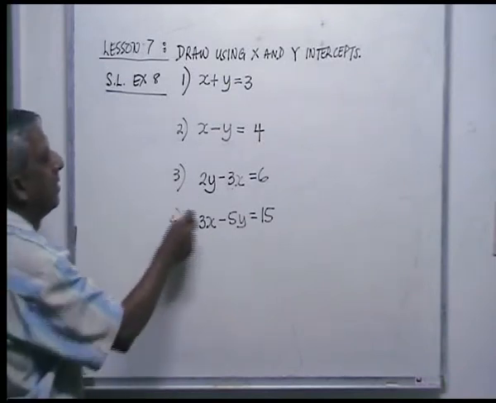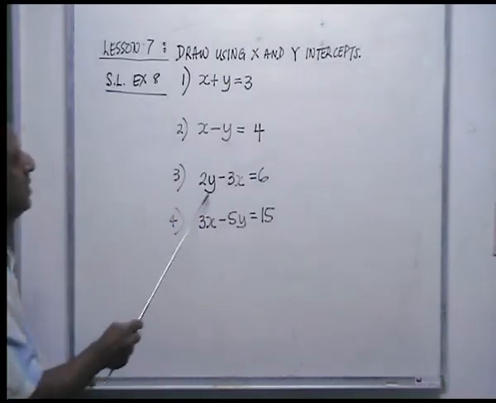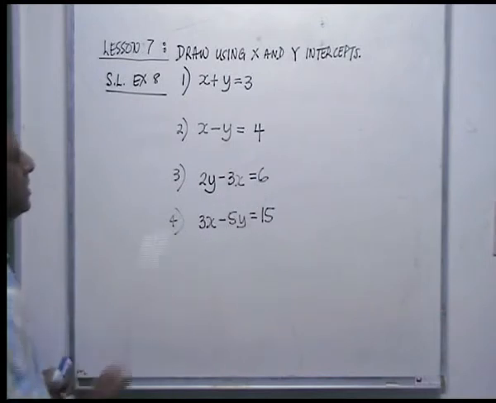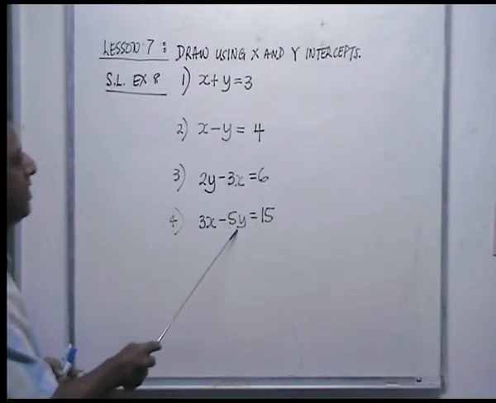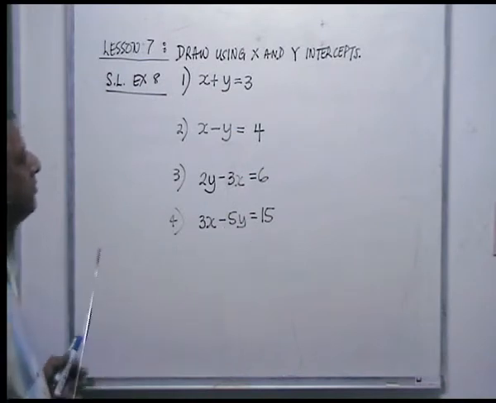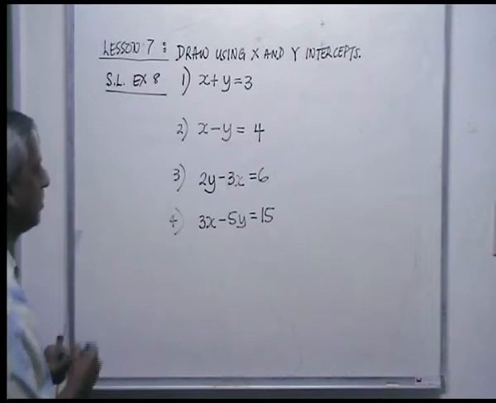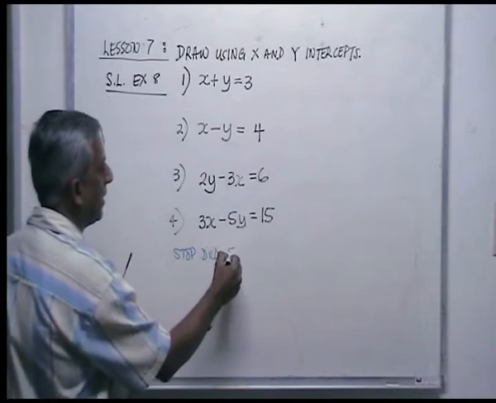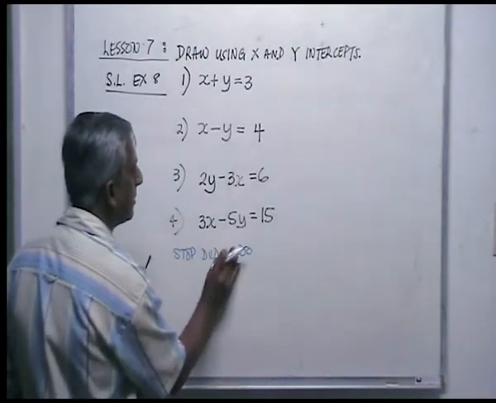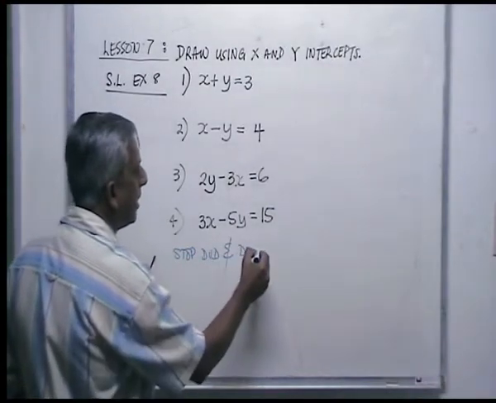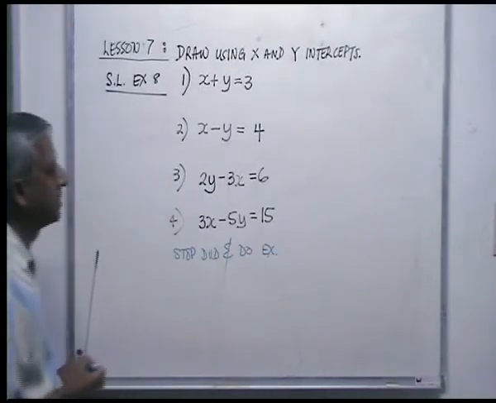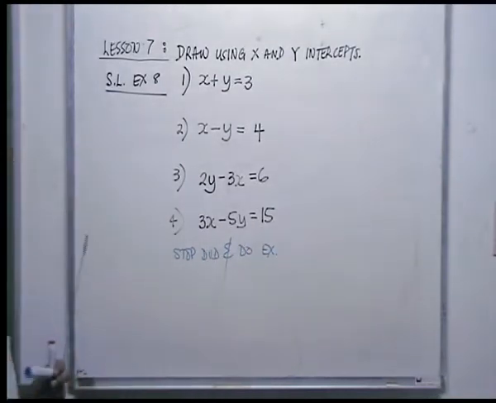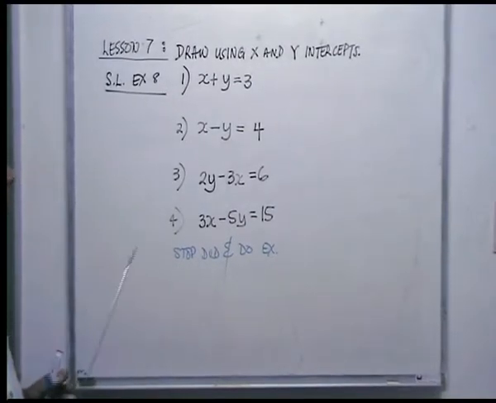Number 3, 2y minus 3x is equal to 6. And number 4, 3x minus 5y is equal to 15. Alright, so what you must do now is stop the DVD and do the exercise. Alright, and then come back and we'll mark them and see how well you did.